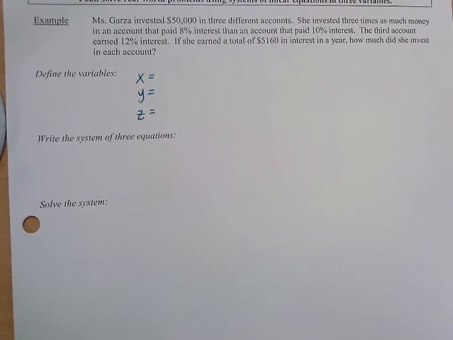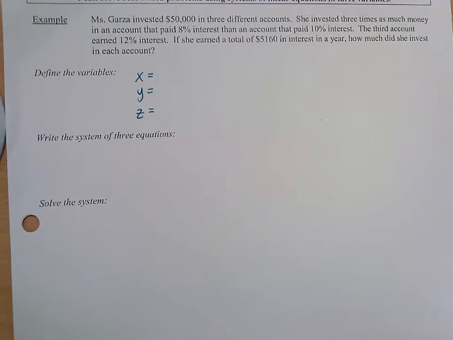But before I can make sense of putting equations together, I need to know what my variables are representing. So what are the 3 quantities in this problem that we're looking for, or how would we define what X, Y, and Z would represent?